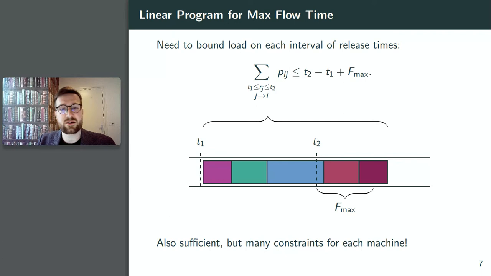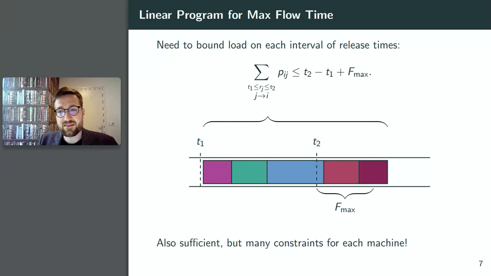So Fmax is the maximum flow time that you want to guarantee for every job. Because if you didn't have that, if the total processing time of these jobs was higher, then one of these jobs must be completed after t2 plus Fmax, and since it is released before t2, it would have a flow time of more than Fmax.